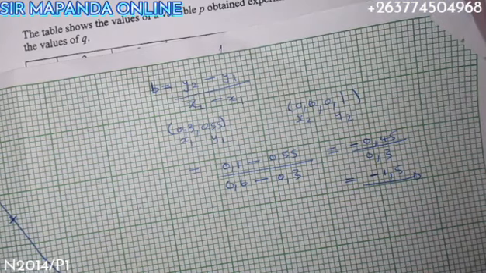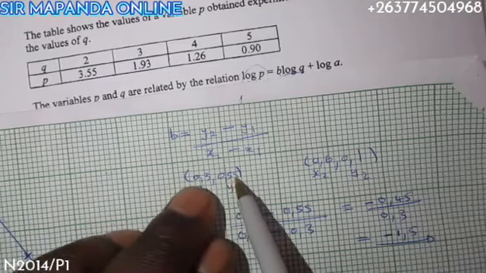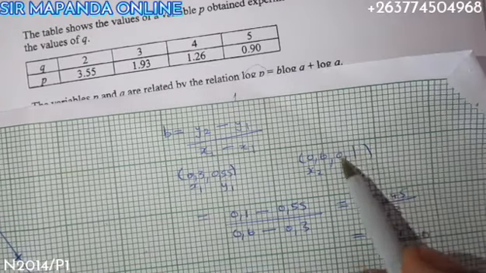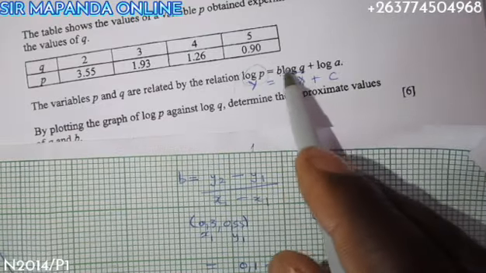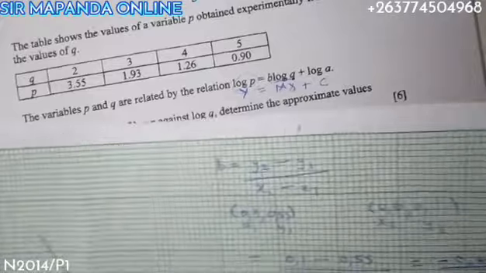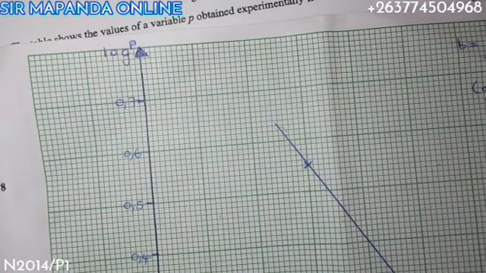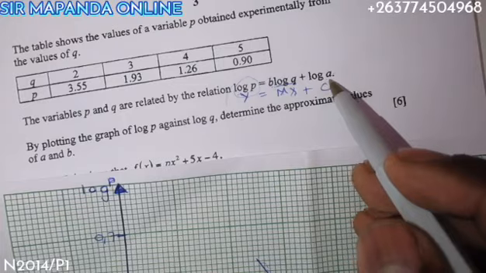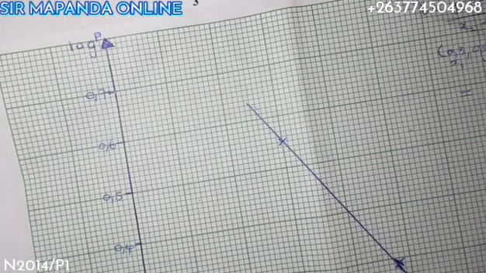Then we move on to A. So to find A, you choose a pair of your choice from the 2 points. Then you substitute in this equation. Since our graph is not cutting the y-axis, it was going to be simple to find the value of A if your line was cutting the y-axis.